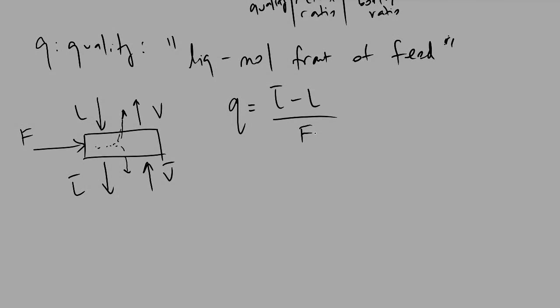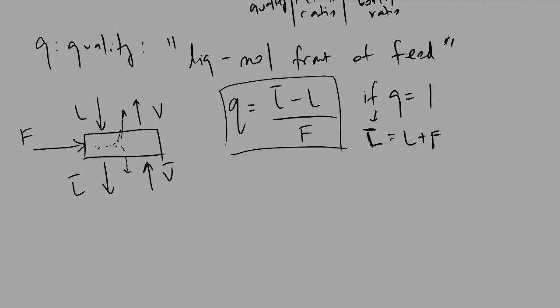And if we ask ourselves, does this make intuitive sense based on the heuristic rule we have above? If Q equals 1, if all of our feed is liquid, that will tell us that L bar will be equal to L plus F. So all of the feed will combine with the downcoming liquid, and if we substitute this into our equation for quality, this is the result we will get.